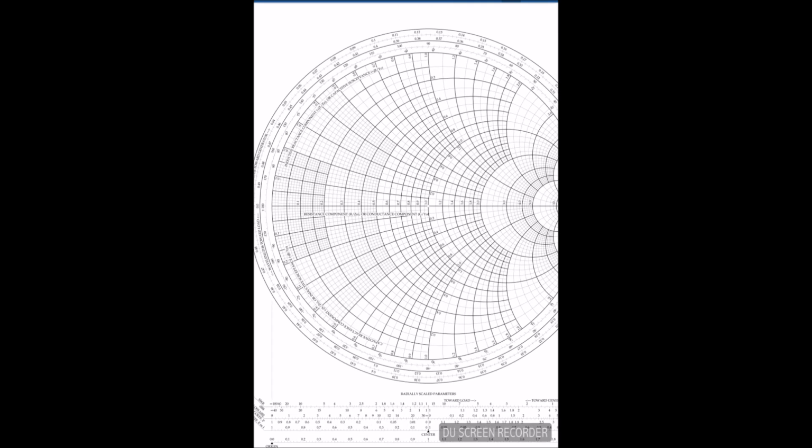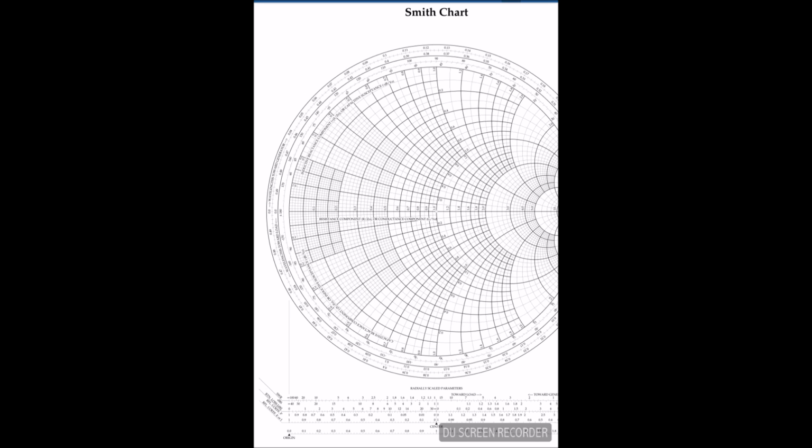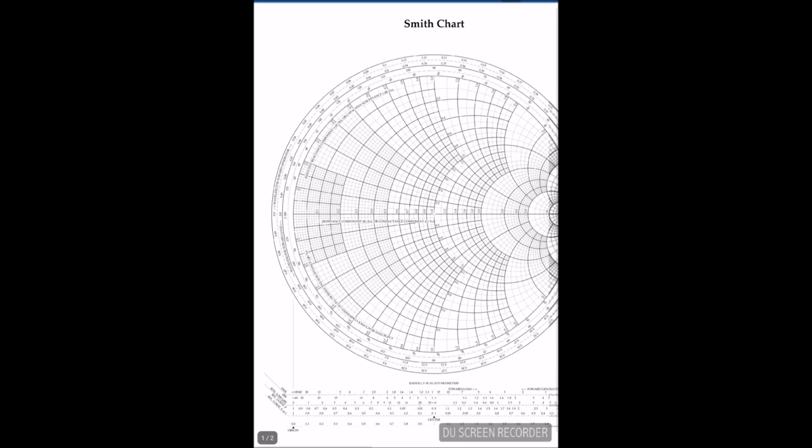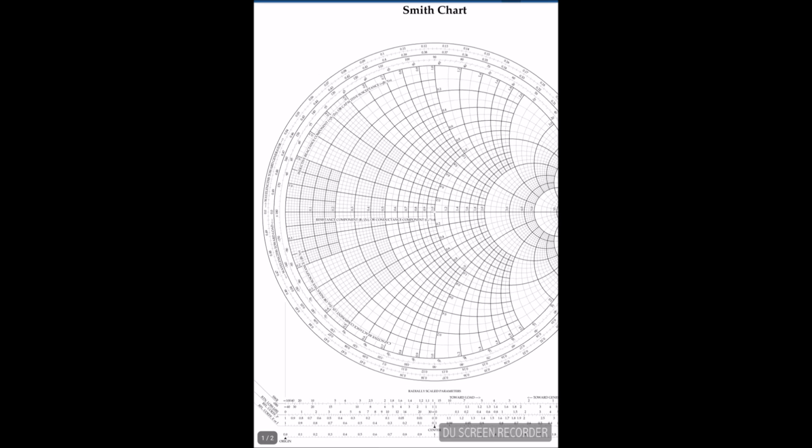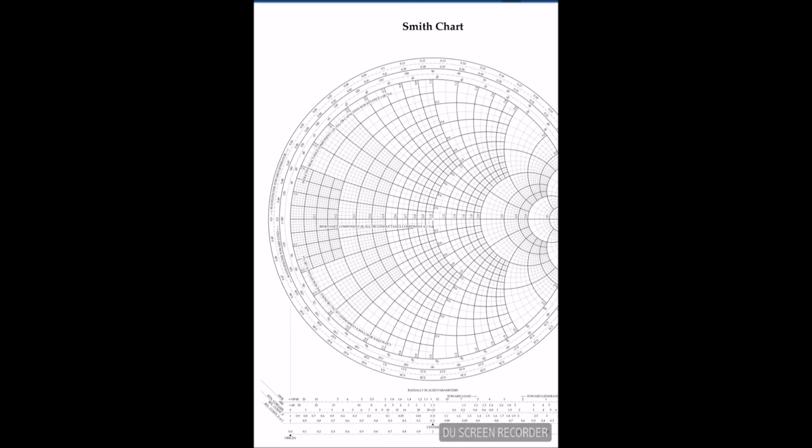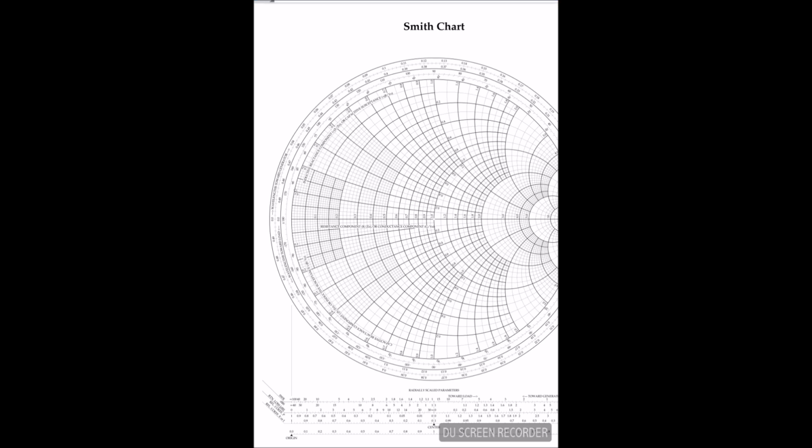So always resistance here is the positive R circle, and reactance can be plus jX or minus jX. It can be positive or negative. So the reactance, you can read it from the Smith chart. You can see it here, X equals 0.1, and this is 0.2. This 0.1 is connecting to here, and this is 0.2, this is 0.3, and in such a way this is 0.4. These are all X values.